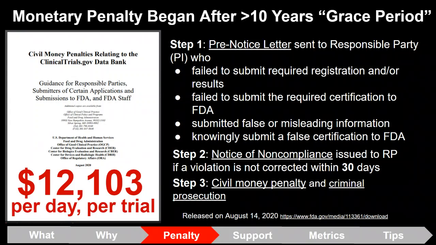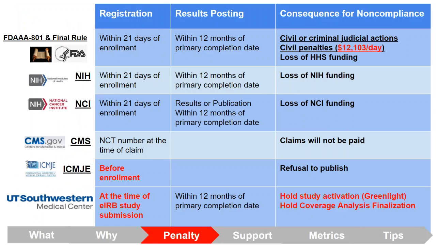The FDA recently released a guidance document describing the process of collecting fines from investigators. So this is a drastic fine and a pretty good reason why we want to stay in compliance. And here are other consequences for late registration and results reporting for your reference.